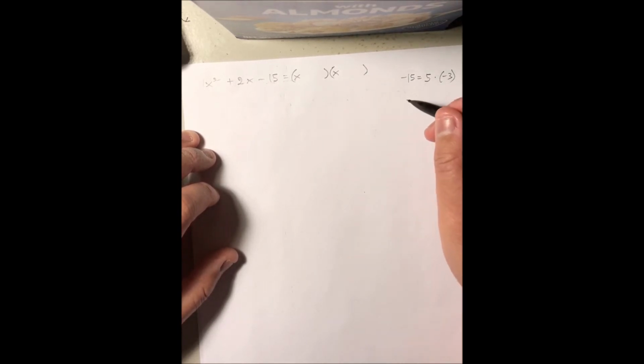But at the same time, +5 plus -3, which is the same as saying 5 minus 3, well, hey, guess what? That equals +2.